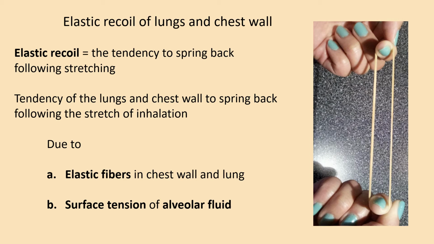That helps with exhalation. Another thing that helps with the elastic recoil is surface tension that's between the air and the fluid that's lining your alveolar sacs. We'll talk more about that.